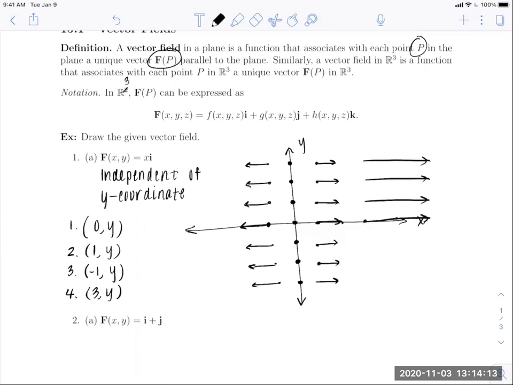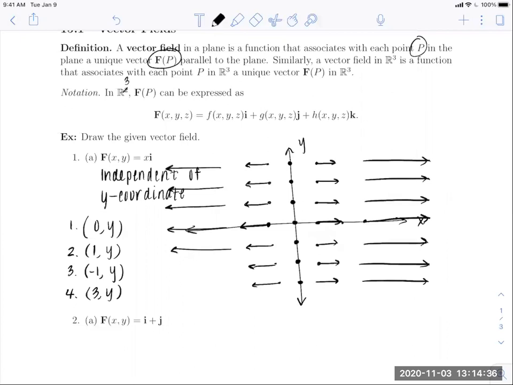What you can see is as we get further away from our y-axis, our vectors are lengthening, in the positive direction if we're to the right of the y-axis, and of course in the negative direction if we're to the left of the y-axis. So I'll draw some of these -3 i hat vectors as well.